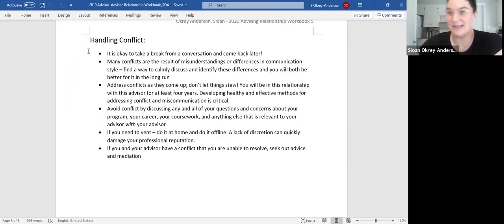And little tiny things, miscommunications, misunderstandings that cause some kind of resentment will build with time and accumulate. And that is not productive for any relationship. So figuring out healthy and effective methods for addressing conflict and miscommunication when it happens is so, so critical.